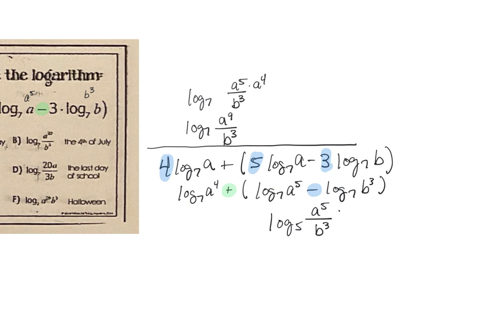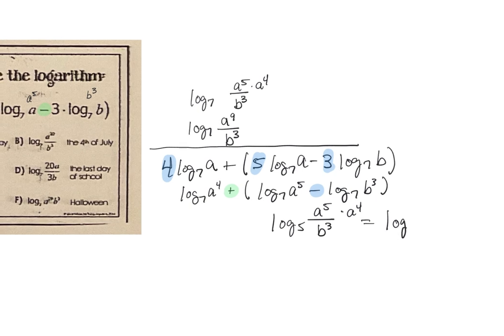So I can just put the a to the fourth right there, and when I multiply a to the fifth times a to the fourth, it becomes a to the ninth. So I have log base 5. Oh, somewhere along the way I changed that to a 5. It's 7. Sorry about that. This should be 7. We should not be changing our logs. Okay, a to the ninth divided by b to the third.